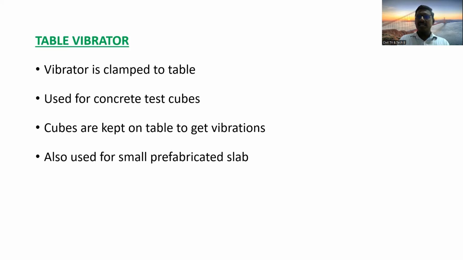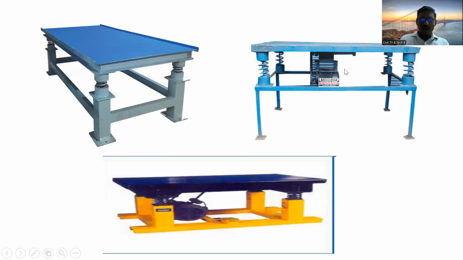The next type of vibrator is the table vibrator. The internal vibrator and formwork vibrator, these two types we have covered. Next is the table vibrator. How can we use the table vibrator? If you see the first image, you will know. Generally, the concrete component is placed on this table vibrator. We use this table vibrator in our laboratory.